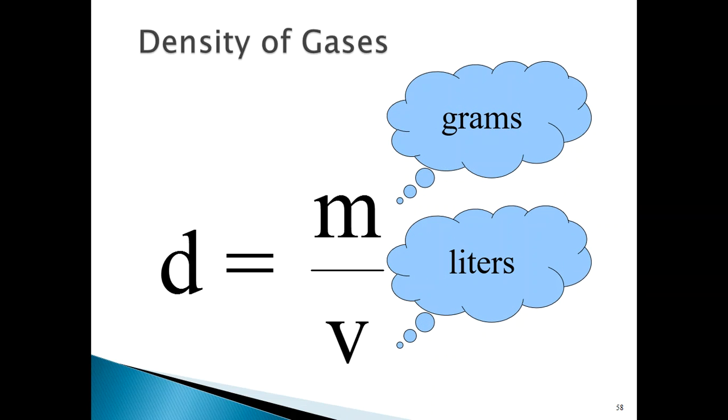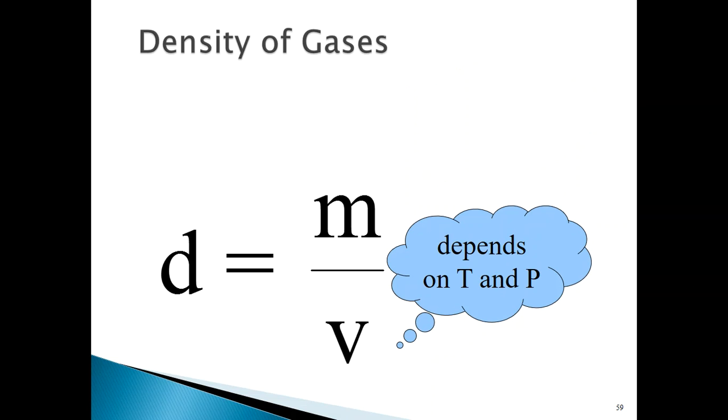So the units of density for gases are normally expressed in grams per liter. Now, because gases are so responsive to changes in temperature and pressure, the density of gases will be affected. Because if you change the volume, let's say you increase the volume, then because you have m divided by v, if the volume increases, the density will decrease, and vice versa.